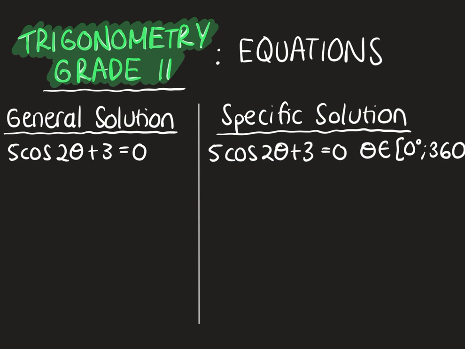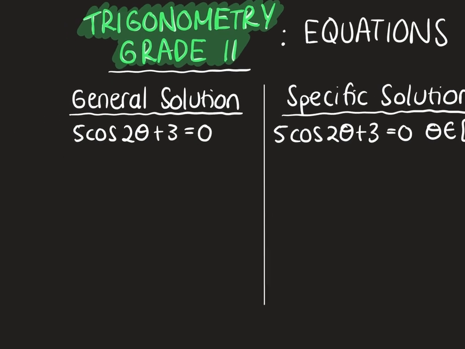So sine and cos repeat themselves every 360 degrees, and tan repeats itself every 180. So obviously they are continuous. So when we do a general solution, we're taking into consideration the continuing trigonometry function, but where we are dealing with a specific solution, they're saying, okay, I only want the answers between 0 and 360 for this specific trigonometric equation.